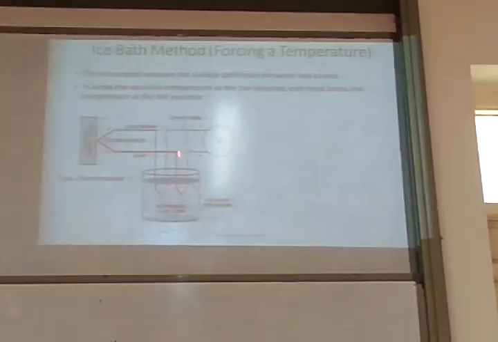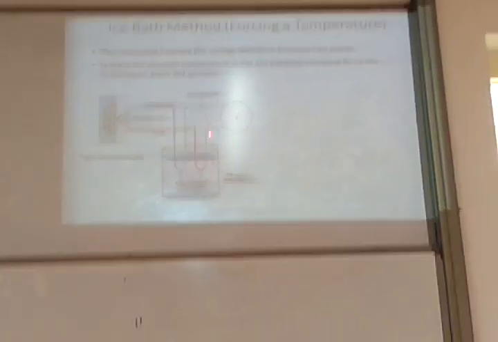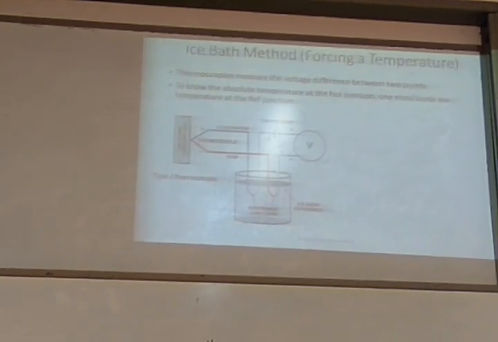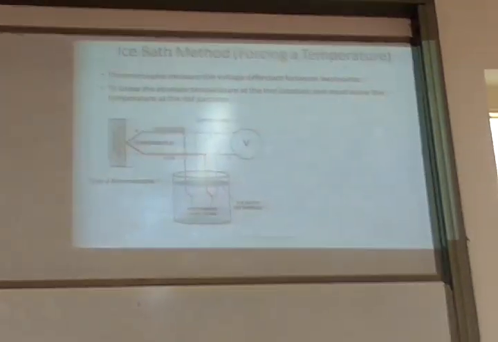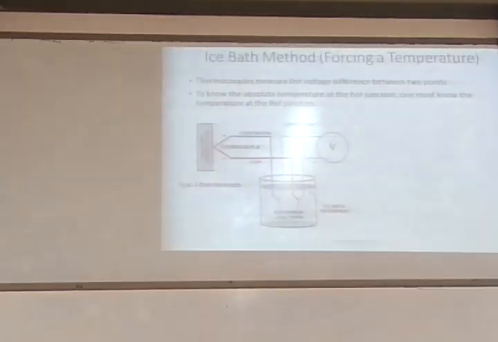So the introduction of a third element, let us say this copper wire, will not add additional EMF in the circuit, because the temperature is maintained constant. Both junctions are maintained at the same temperature, so it will not produce any thermo EMF.